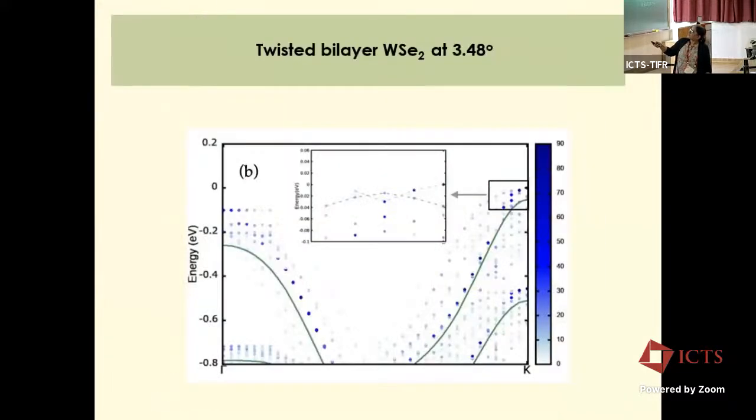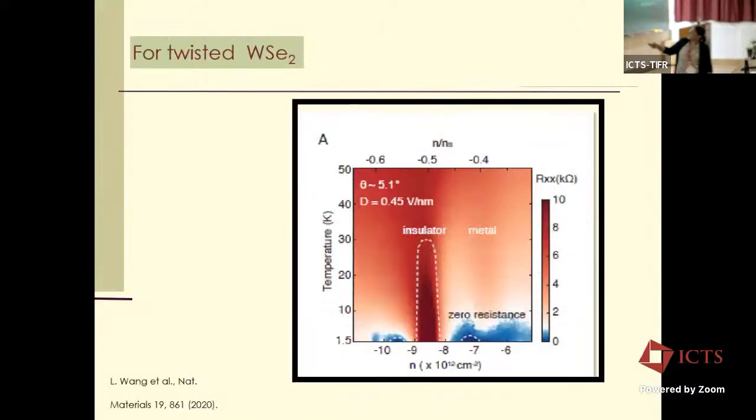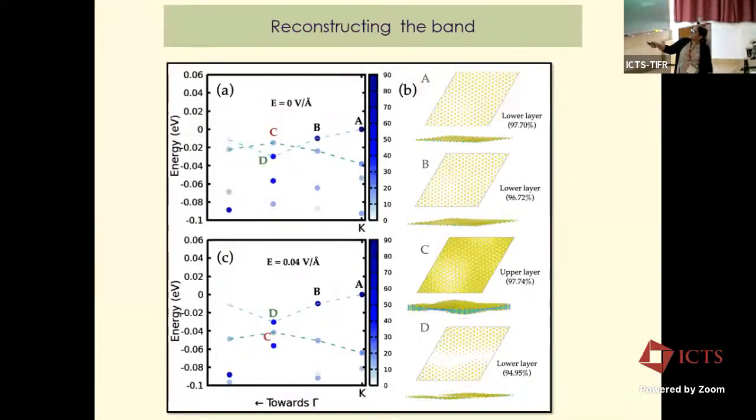In this case, we've taken these bands. What's shown over here is I take this particular band at the K point and look at the charge density associated with it. I plotted it at each of these points.